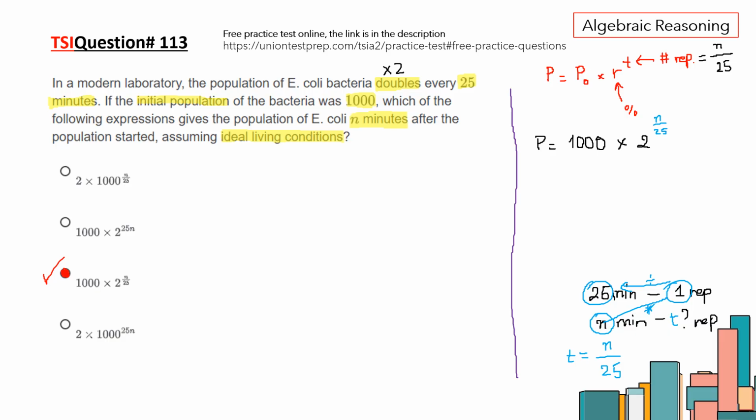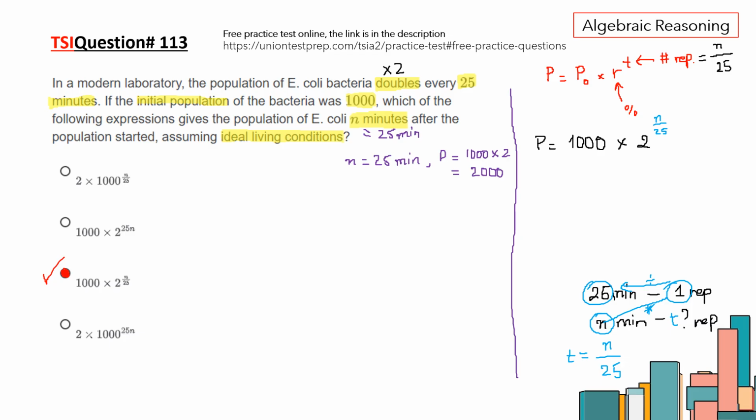Every 25 minutes the population doubles, so if n is 25 minutes, after 25 minutes the population will be 1,000 multiplied by 2, which equals 2,000.